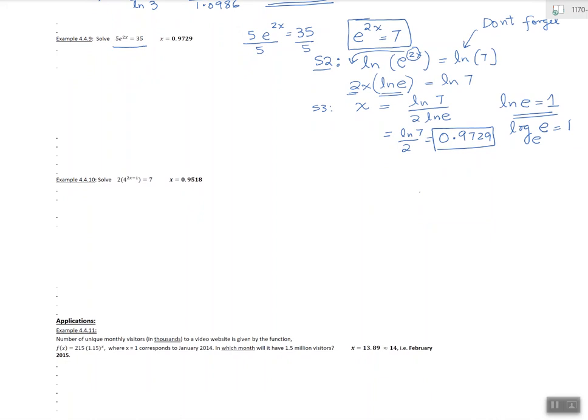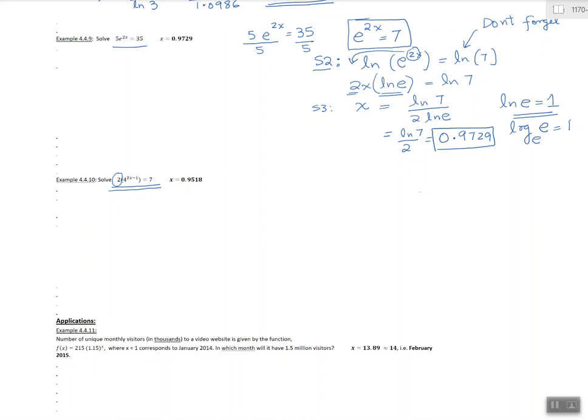Now let's go to the next question. This time we have this exponential equation. So again, the first thing to notice is that you have this 2 in front as the coefficient.